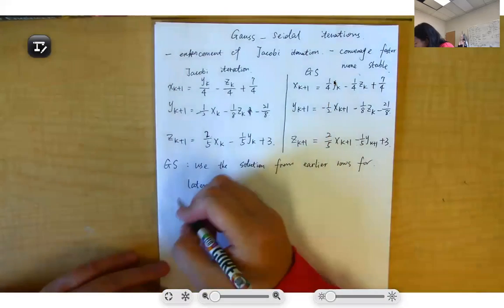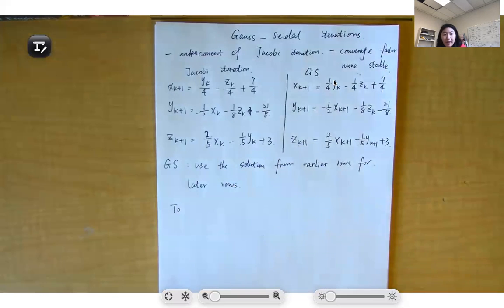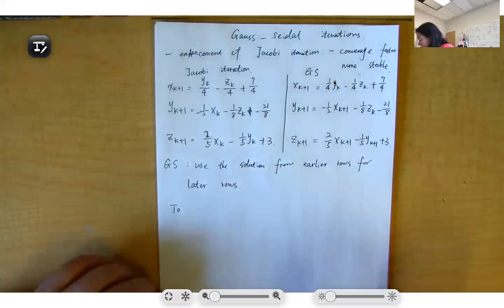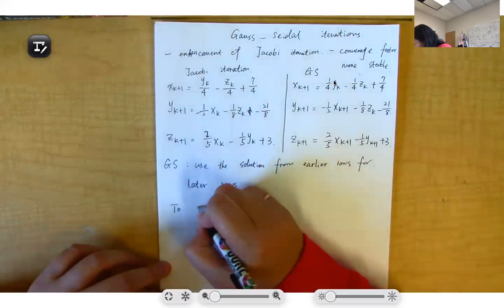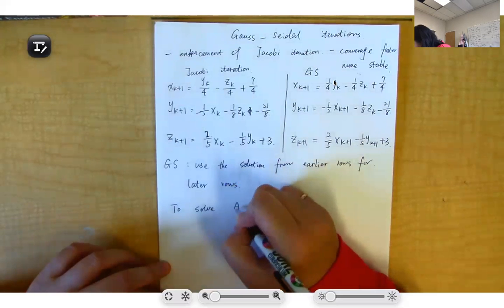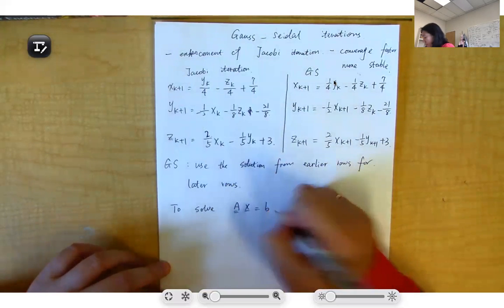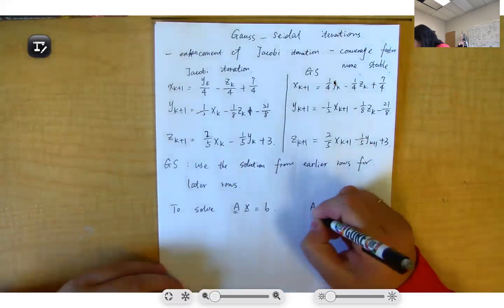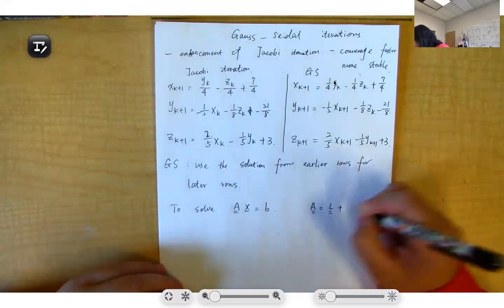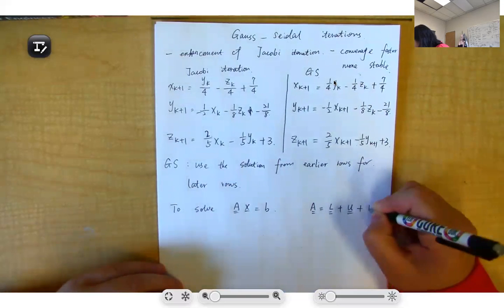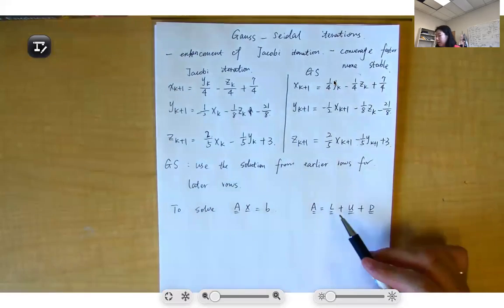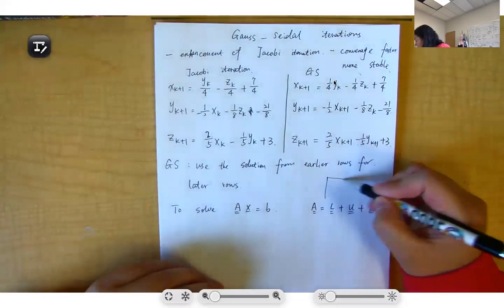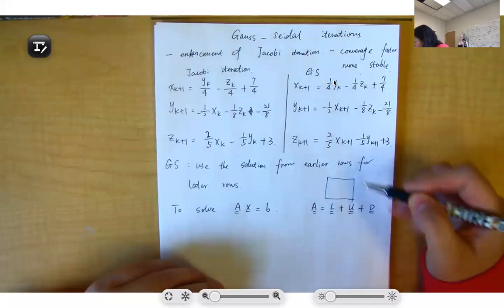Let's use a state space representation to represent the Gauss-Seidel iteration. To solve AX equals B, we will still use three parts to represent A: A equals L plus U plus D. Here is your A system.